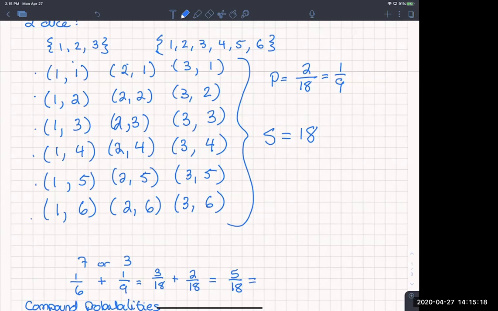So the probability of rolling a 7 or a 3 is 5/18, which, if we do the math, 5 divided by 18 is 28%, or 0.28. Okay, so or is addition and and is multiplication. So let's do another one.